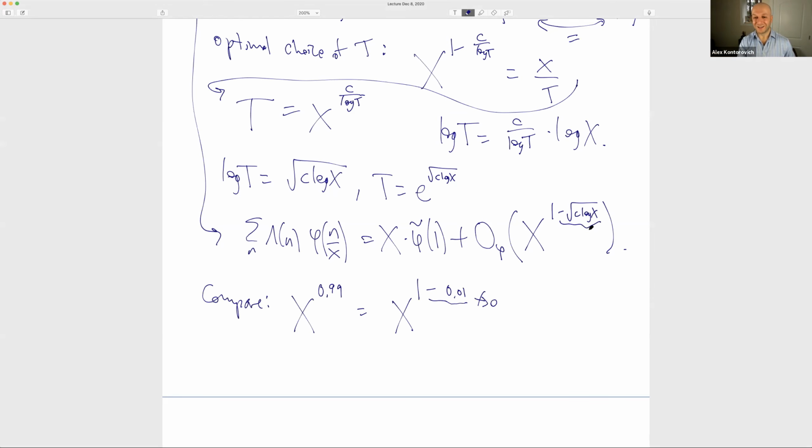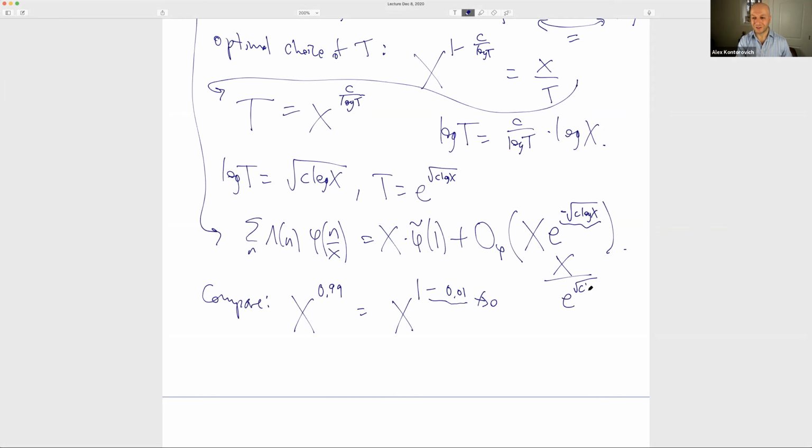Whereas, sorry, this does not go to minus infinity. This doesn't get worse and worse. Whereas this bound is a savings, right? You want to think of this as x times e to the minus constant root log x. That's what I'm trying to say. Maybe that's why I'm getting confused looks from you.